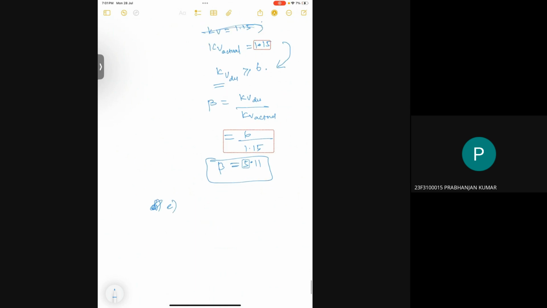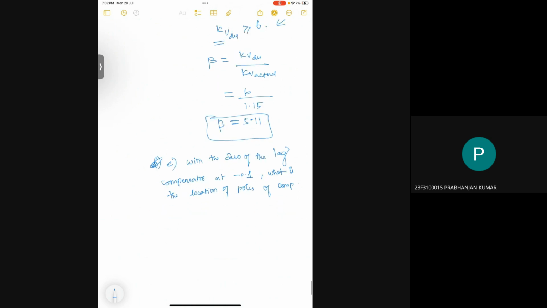Okay. With the zero of the lag compensator at minus 0.1, what is the location of the pole of the compensator? So we are assuming we are using a lag compensator only.